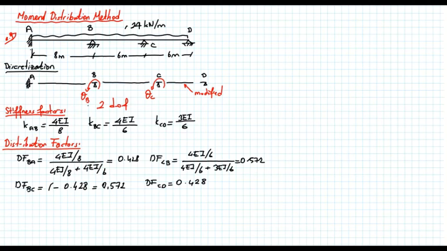So let's calculate the no nodal deformation case, meaning what is the picture when theta B and theta C are equal to 0. So again, I will be drawing the discrete version of the structure.